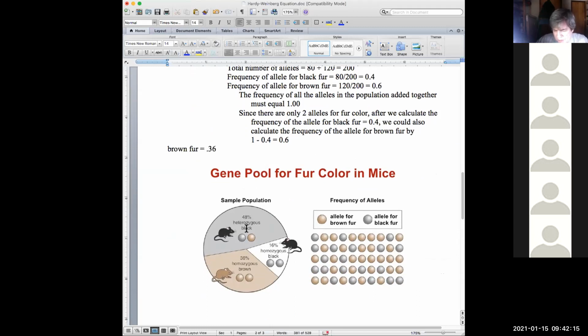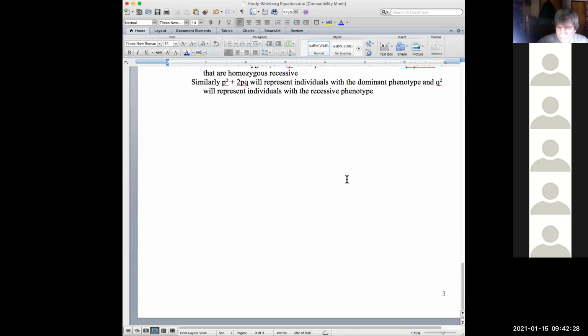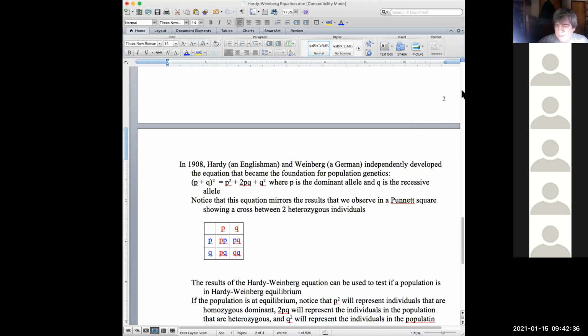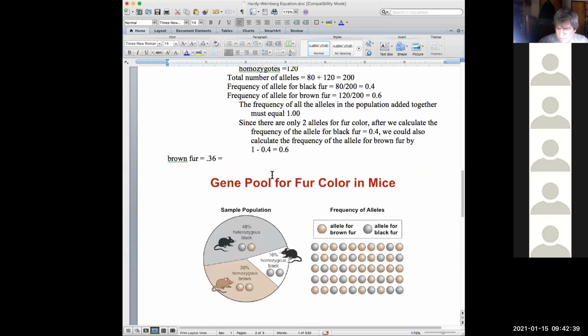This is the frequency of individuals with brown fur, 36%, which expressed as a frequency is 0.36. Now we know that brown fur, going back down here, we know that these individuals are Q squared. We know that this is their phenotype.